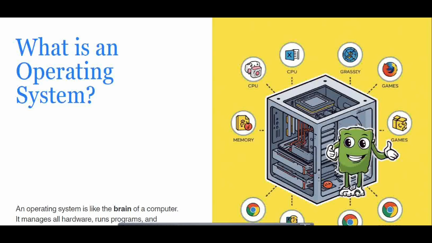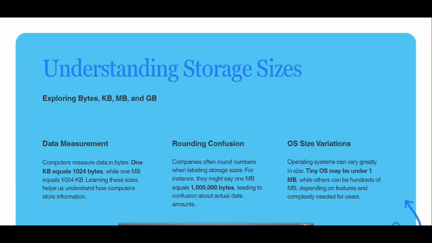Storage sizes: computers count in powers of 2 and not in 10. So 1 KB is equal to 1024 bytes, 1 MB, which is megabyte, is equal to 1024 KB, and 1 GB is equal to 1024 MB.